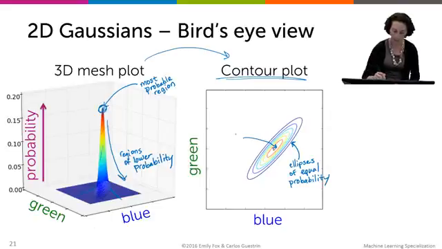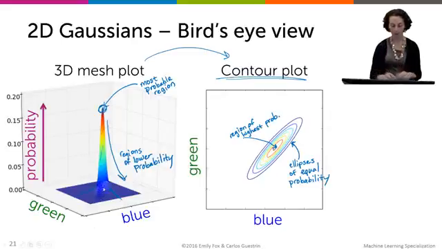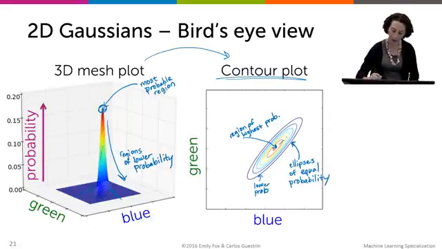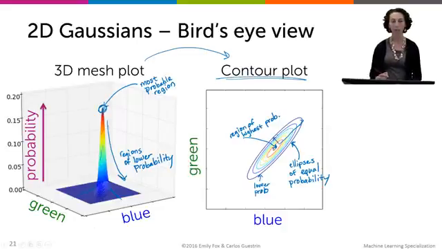Again, this center point is the region of highest probability, and this blue shading represents low probability, just like in the mesh plot. So this ring would be lower probability. And we see lower probability as we walk out in this direction, or in this direction, or any direction moving away from the peak.